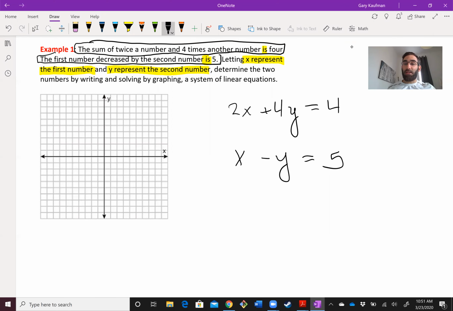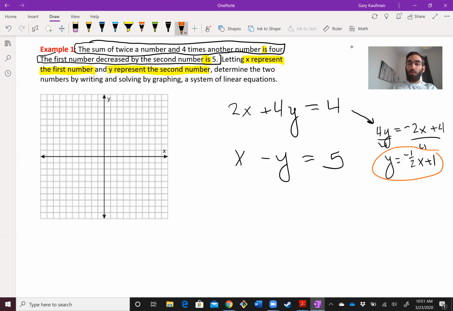Now, we were asked to solve this by graphing. There's many different ways of doing this. I'm going to do it in 2 different ways. I'm going to rewrite this in slope-intercept form. So I have 4y equals negative 2x plus 4. Divide everything by 4, and I get y equals negative 1/2 x plus 1. I'm going to do this one in orange.